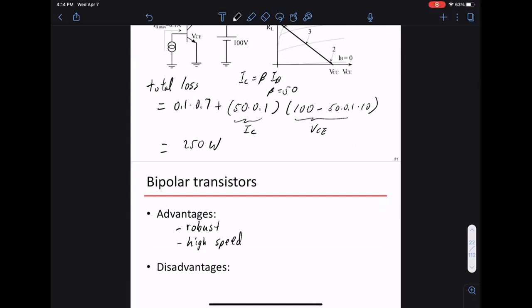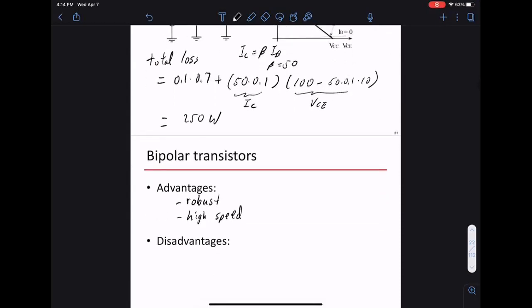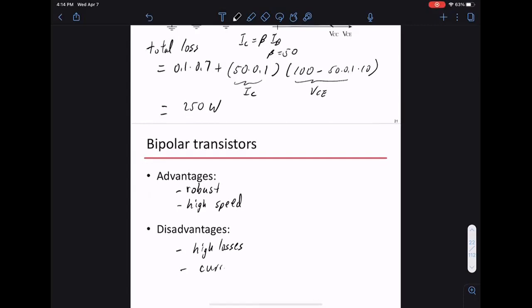But then the disadvantage is our high losses, and it requires a current-driven device. Often we prefer voltage driven rather than current driven. Often it's easier to drive something with a voltage than a current.